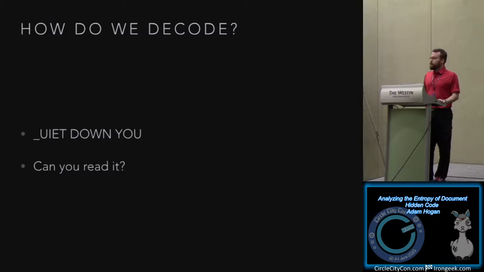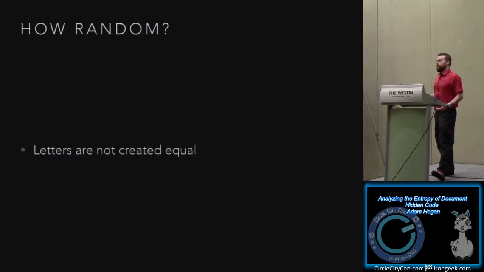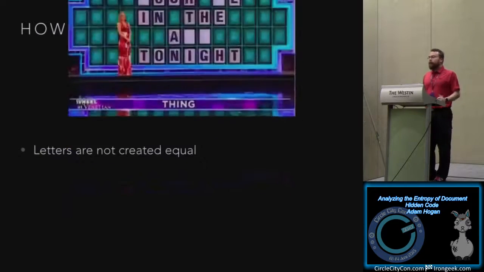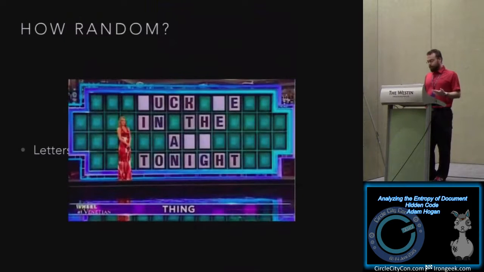They're not used at the same frequency, so that Q and U usually go together. So we have certain strings that go together. We have certain patterns in letters, so that even if we're missing part of the message, we can still usually figure it out. So we know how those go together, and we can start to piece that together.